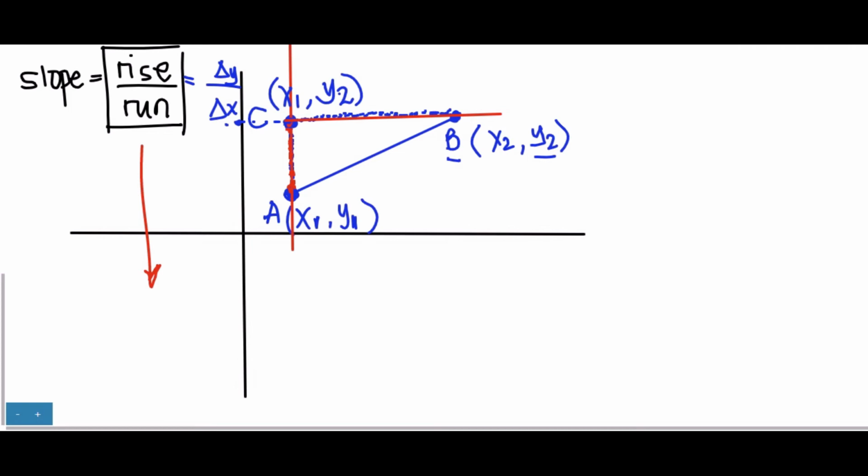Let's say this is our horizontal number line, and we are to look for the change in this point going to this point, or from 2 going to 4.